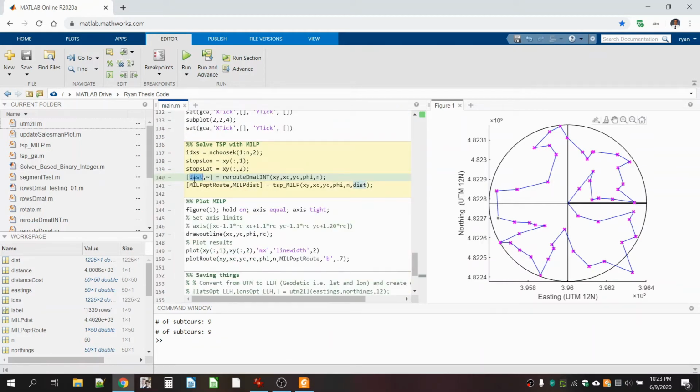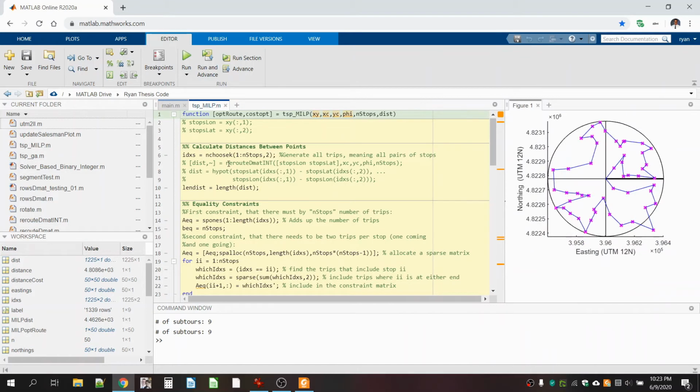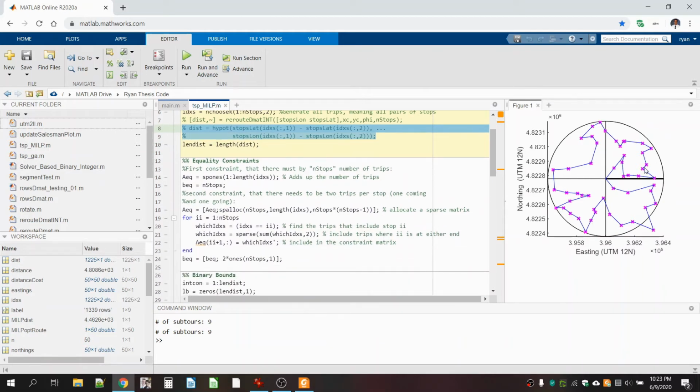So we find the distance matrix, and then I'm calling this algorithm. So Control D to open it up, and you can look through this yourself, but just a brief overview. I'm giving it the distance matrix I want it to use. If not, it's going to calculate the distance between each point by itself, not considering the irrigation line.